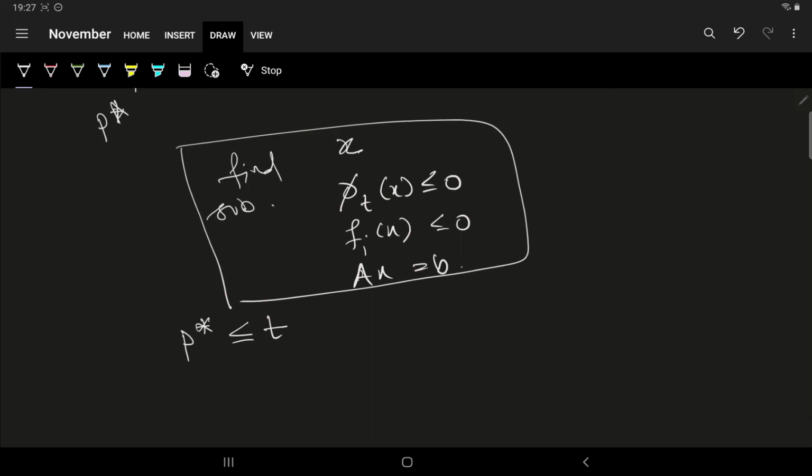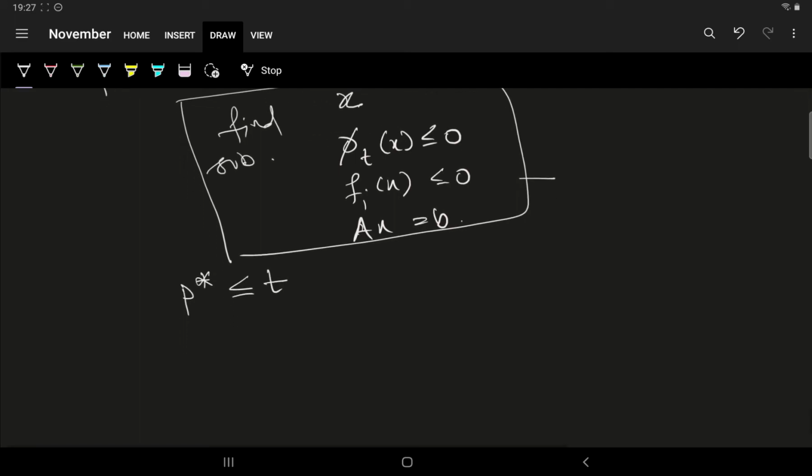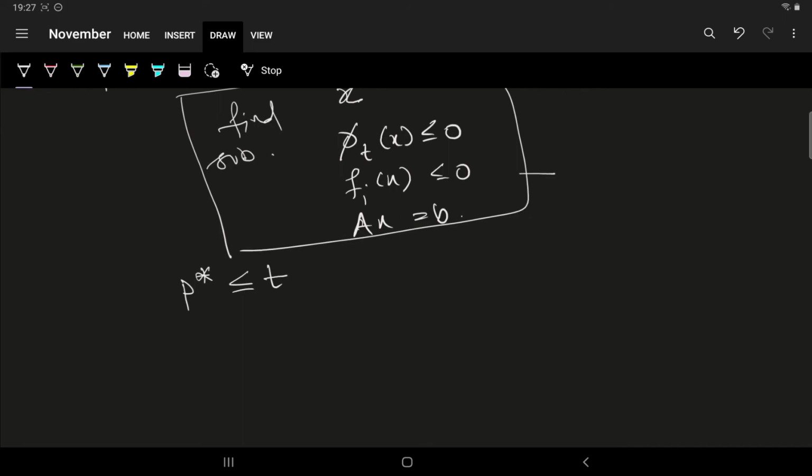and we can also see that this is a convex optimization problem. So if it is feasible, then p star is lesser than or equal to t.